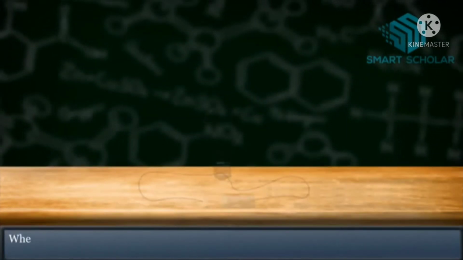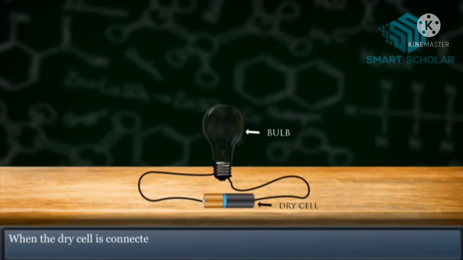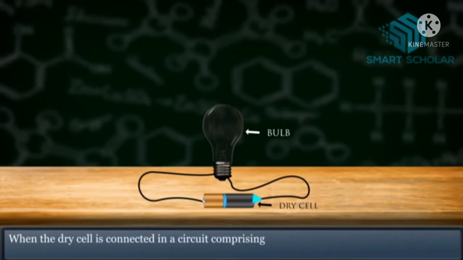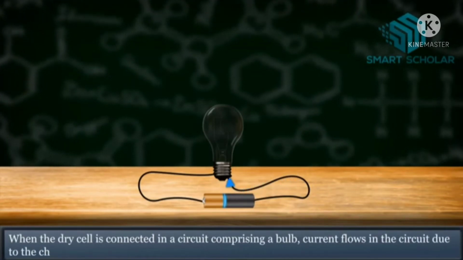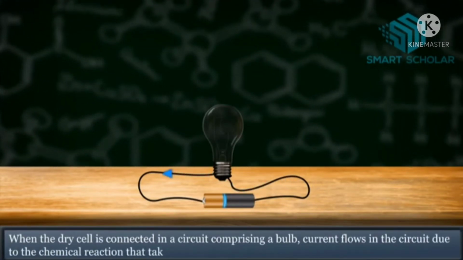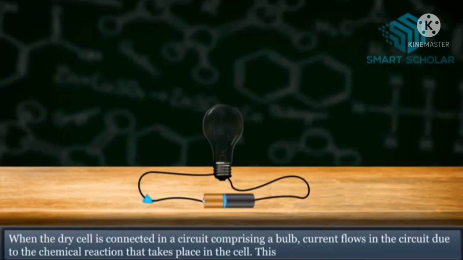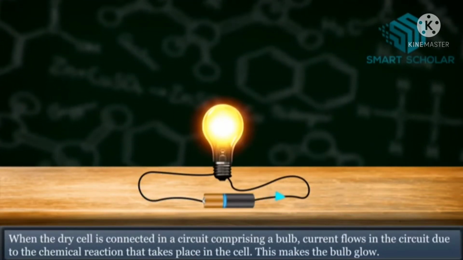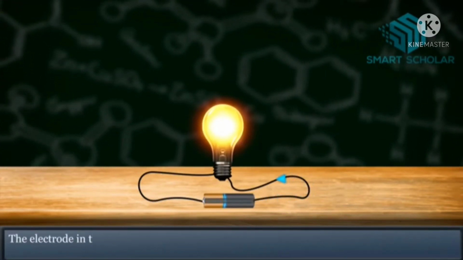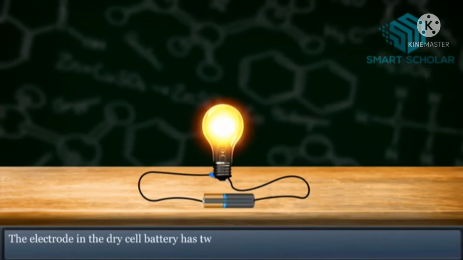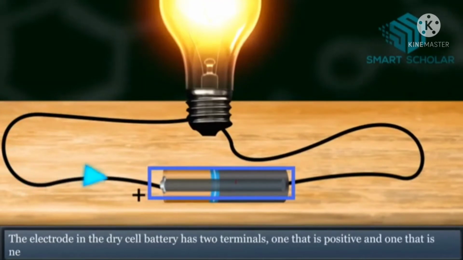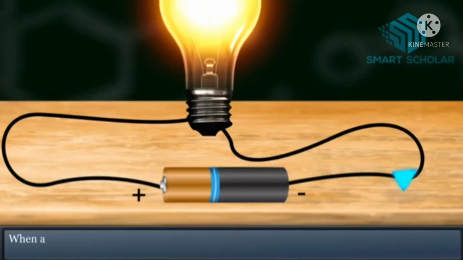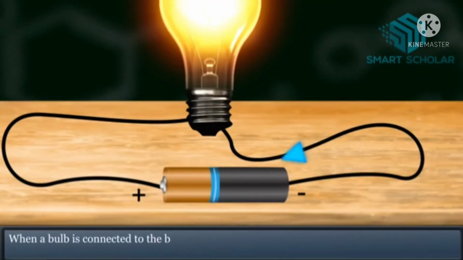So now we are going to understand the working. When the dry cell is connected in a circuit comprising a bulb, current flows in the circuit due to the chemical reaction that takes place in the cell. So this makes the bulb glow. The electrode in the dry cell battery has two terminals, one positive and one negative.